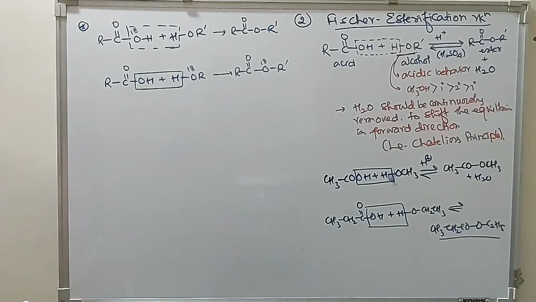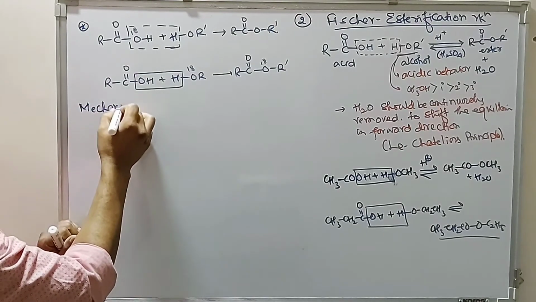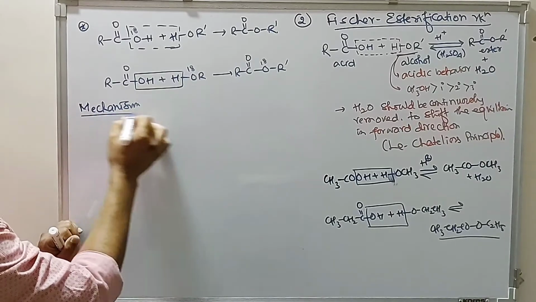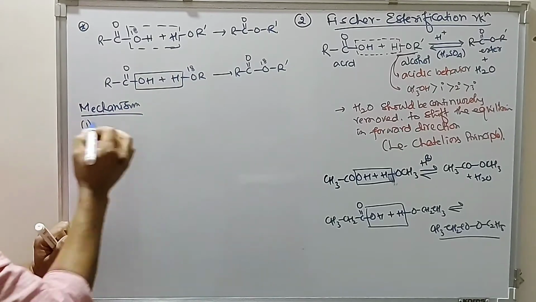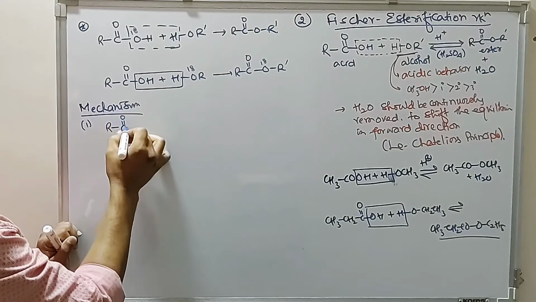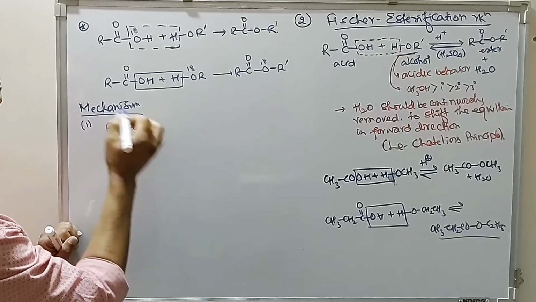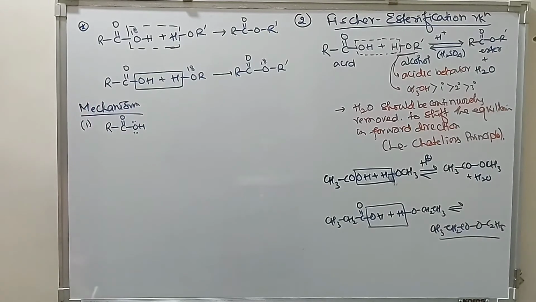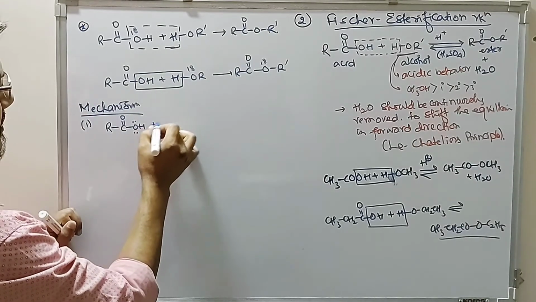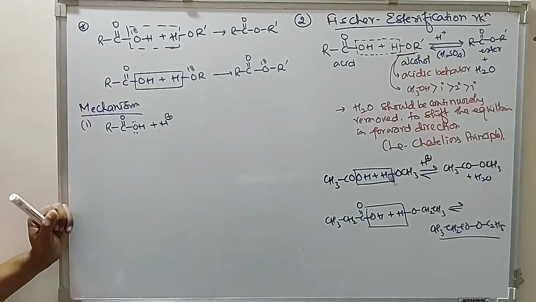So coming to the mechanism part of this reaction, we have these steps, starting with this RC double bond OH. If you look at this oxygen, it is having 2 lone pairs of electrons. This reacts with H plus ion coming from the sulfuric acid, which is used as a catalyst.